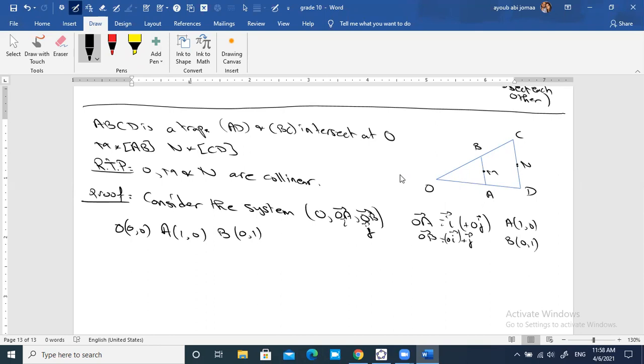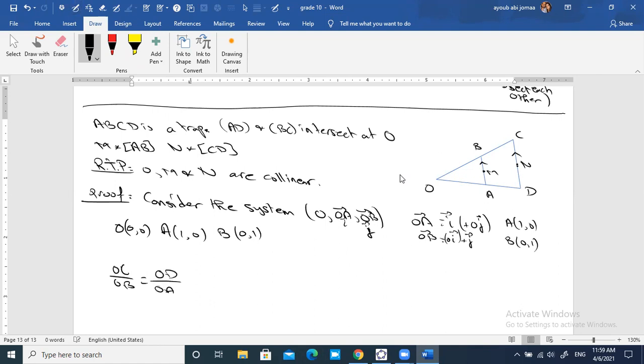It means that these two lines are parallel. You know, from grade 9, two lines are parallel. Then I can say OC over OB is equal to OD over OA.